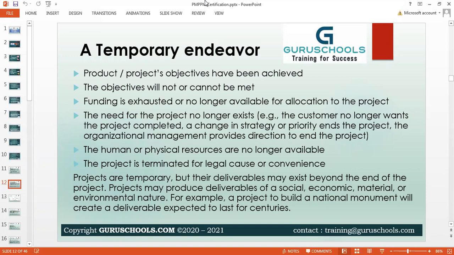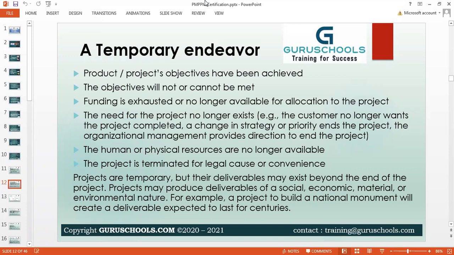The project is terminated for a legal cause or convenience. So if the government enacted a new law that made it illegal to do this project, let's say I won a contract for selling liquor in an area where liquor was legal before, and then the local state government enacted a law saying liquor is not legal now.